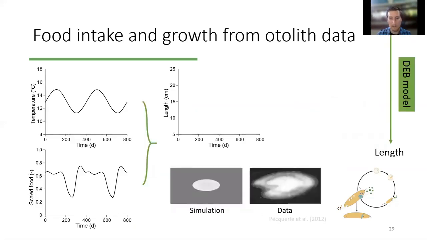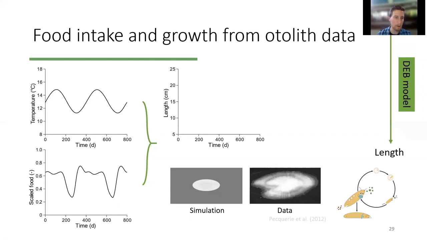So here is a theoretical example to show you how this is done. So we are now in a construction mode. So the normal forward way of running a DEB model, where we use the environmental conditions to force the model in order to predict length.